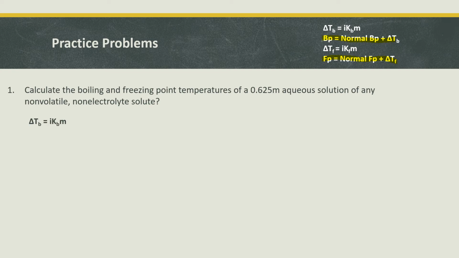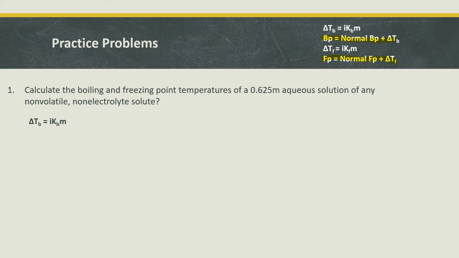Now that I have my equation, I'm going to plug in what I know. For I, it says an aqueous solution of any non-volatile non-electrolyte. Because it's a non-electrolyte, remember that's a covalent bond. So our I is going to be 1. The K sub B is a constant. Now, it doesn't give us a specific solution that we have, so we're just going to assume that it's water.